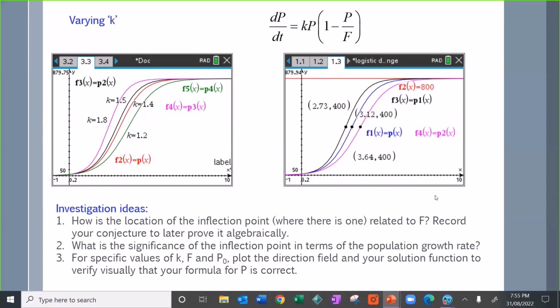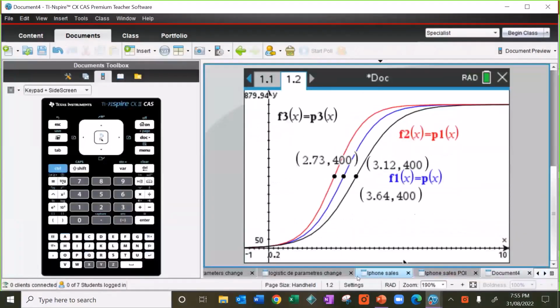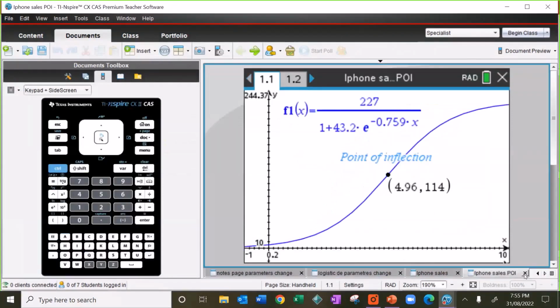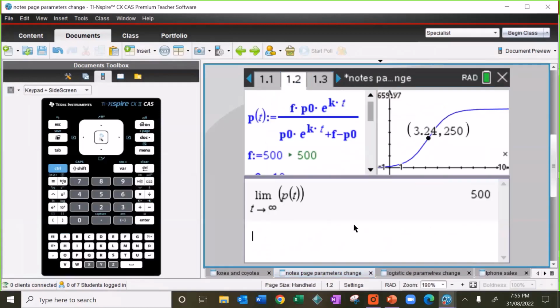Another way of looking at this is also using, I'll close this because we finished. And another thing we can do, once we solved our equation in general, we can create the notes page.